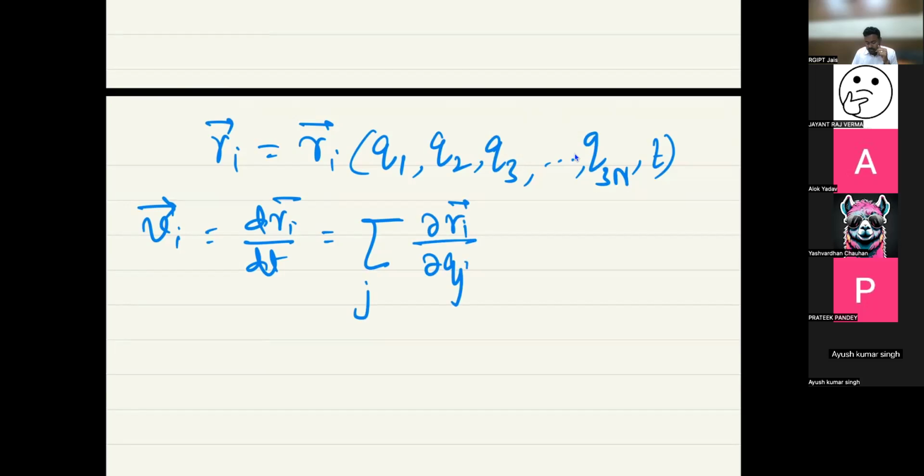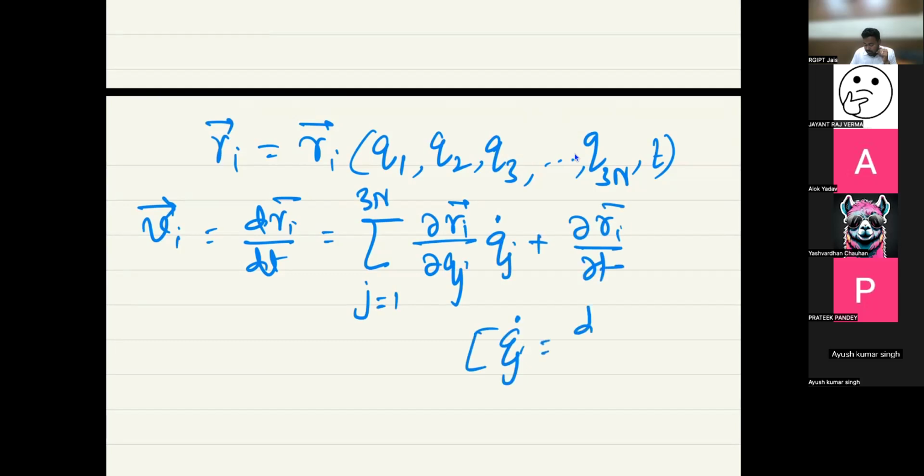The summation runs from j equal to 1 to 3n, for all the generalized coordinates, times qj dot, plus del ri by del t. What is qj dot? qj dot is basically dqj by dt.